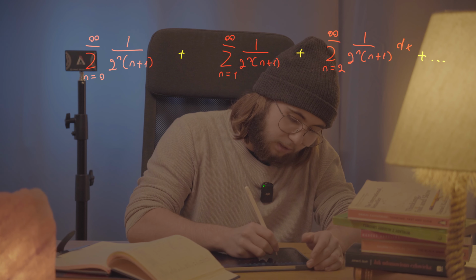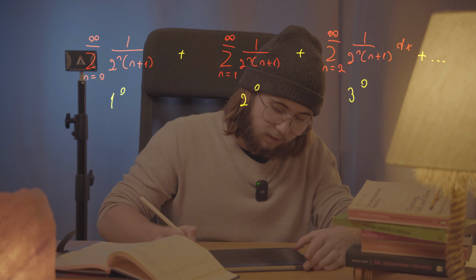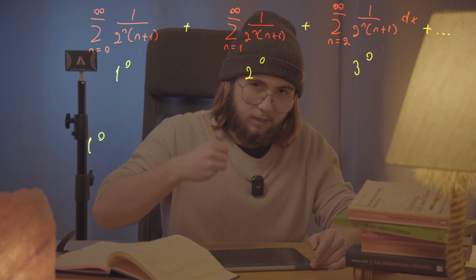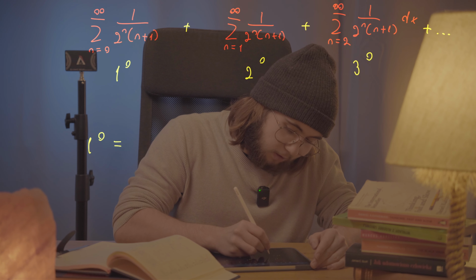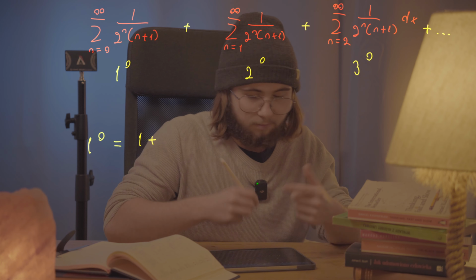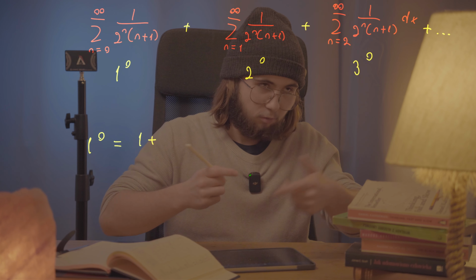So this is going to be my sequence number 1, this is going to be my sequence number 2, and my sequence number 3. For sequence number 1, what are going to be the first terms? It's going to be equal to 1 plus, for n equal to 0, 1 over 2 to the 0, which is 1, times 0 plus 1, which is 1.